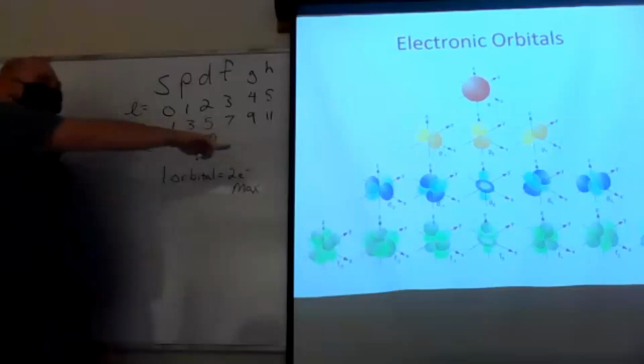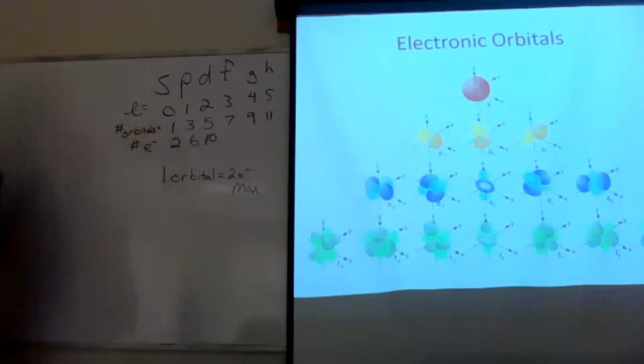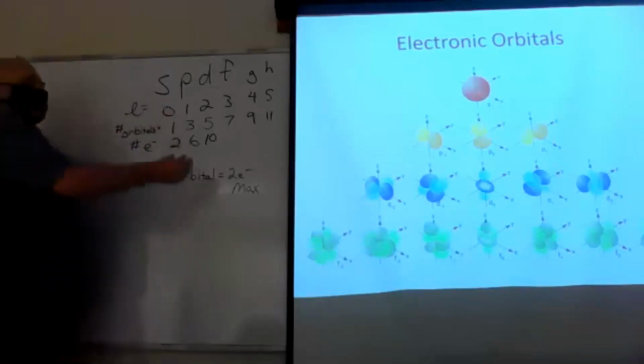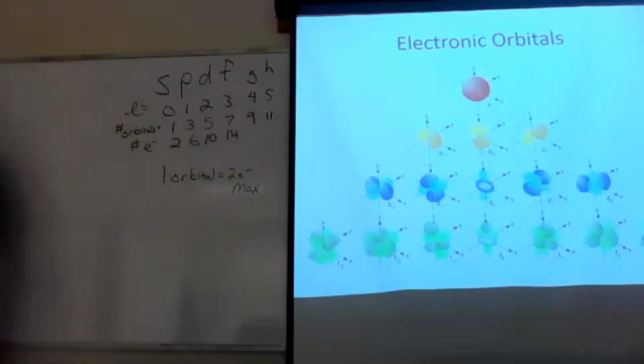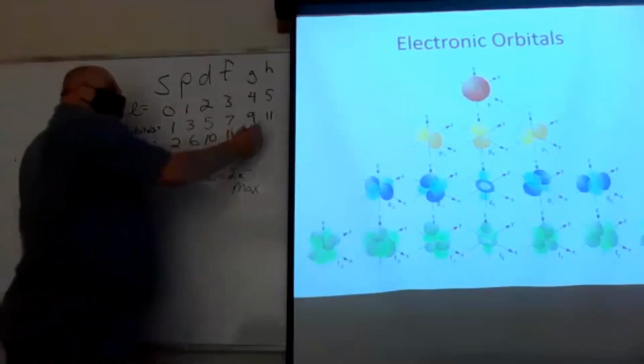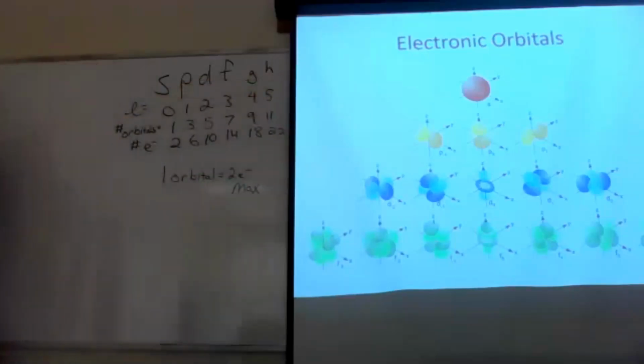Yes, but it's even easier than that. Multiply by 2. What by 2? Number of orbitals. Each one holds 2. Just take that number and multiply by 2. Okay, you got real close to the same answers. Sometimes add 4, yep. But that just happens because those are going up by 2. So now this one will be 18, 22. And we can keep taking that as far as we want, because we know the pattern.